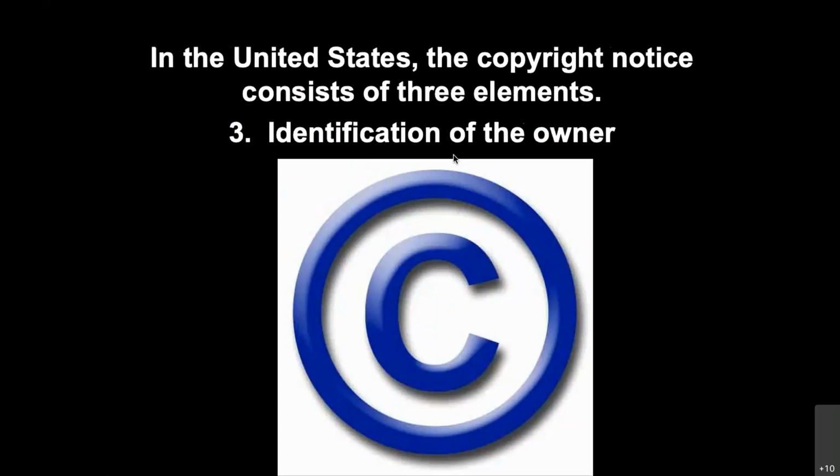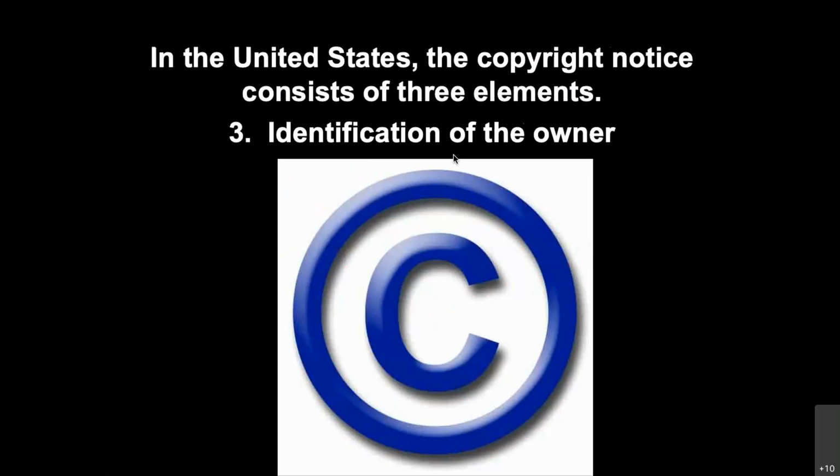So if you're going to put anything out there, I would recommend that you put the C circle copyright notice on there, the year that it's available for public, and the owner. Now, this does not mean the year that you wrote it necessarily, because maybe you wrote it a couple years ago, and the copyright notice is when it's available to the public.